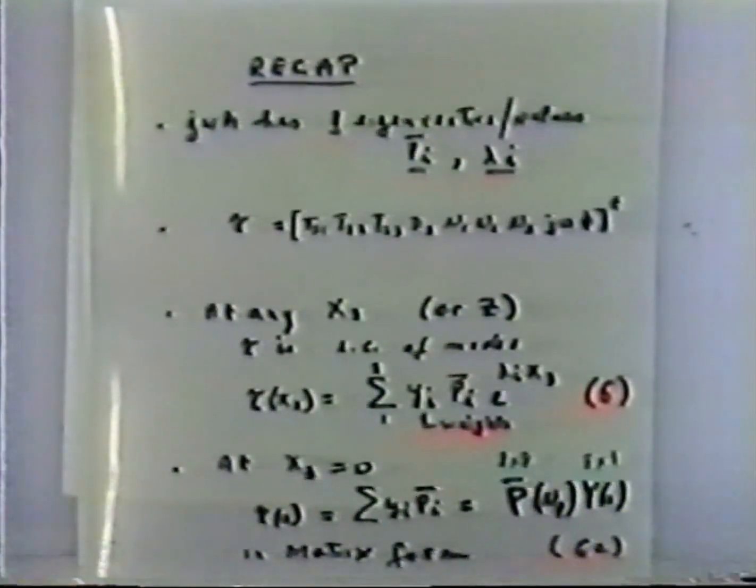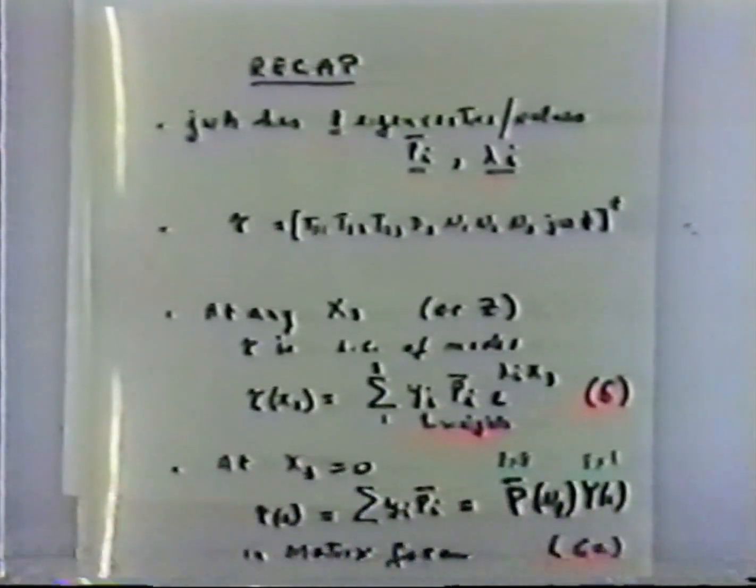At x3 equal to 0, if we give our origin as either the interface or the free surface, then of course e to the something 0 is unity, and we just have that the vector tau at the origin is just a linear combination of the eigenvectors of the system matrix j omega A. So that's, go back to equation 6a from the previous notes.